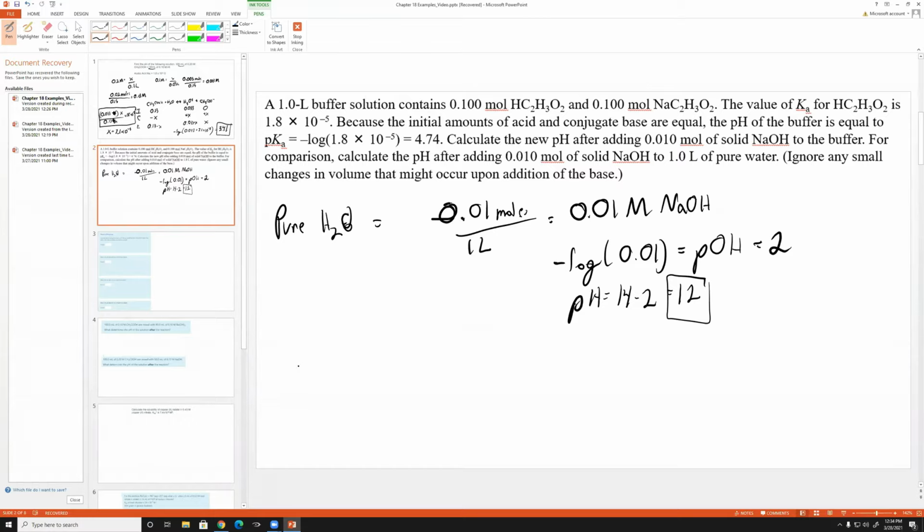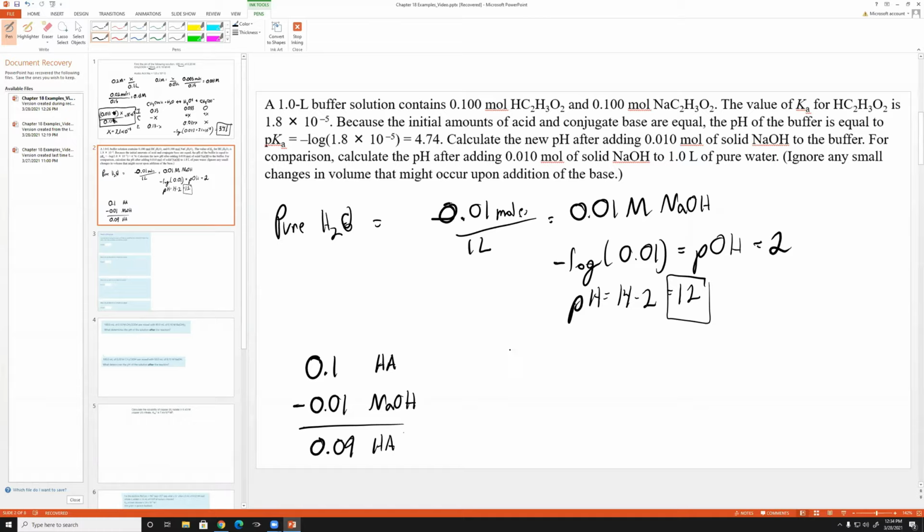So we don't even have to do an ICE chart. We can just tell that 0.1 of, we'll call it HA as the acid, minus 0.01 of NaOH, because that is the amount that is going to be neutralized, now equals 0.09 of HA remaining.